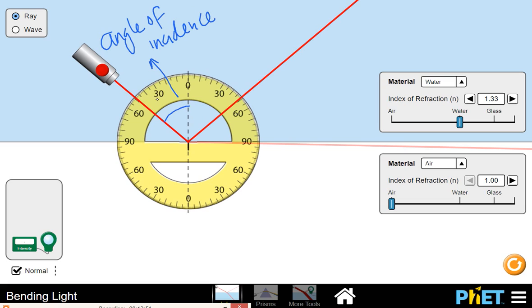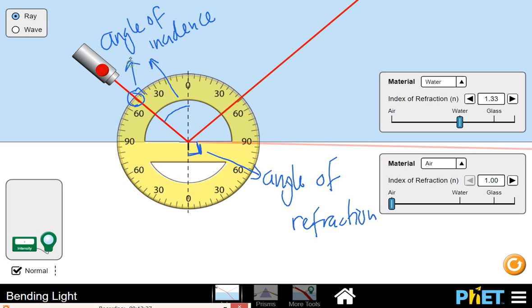Now when the angle of incidence is at a particular angle, and this gives us 90 degrees for the angle of refraction, at this angle, you keep turning it, and when the angle of incidence is at a particular number that makes the angle of refraction 90 degrees, we call this angle of incidence the critical angle.